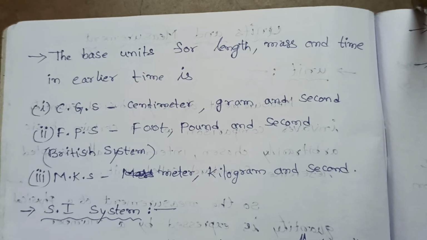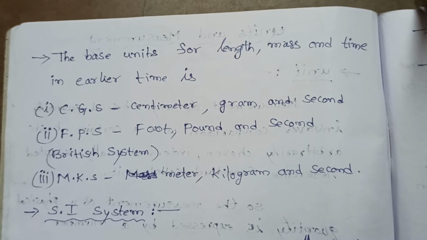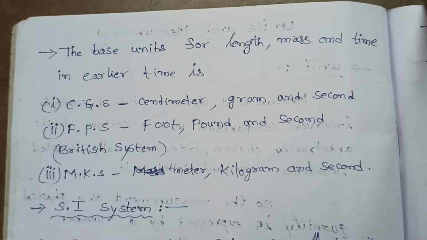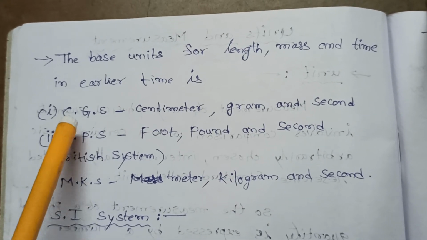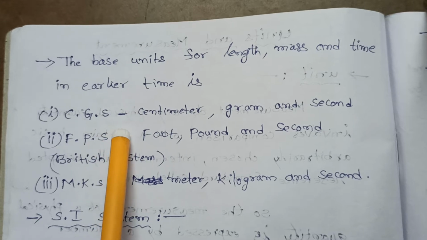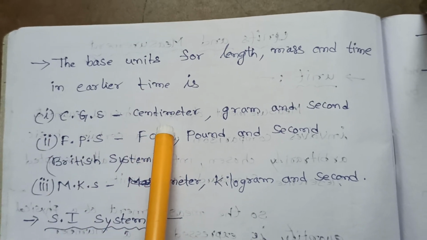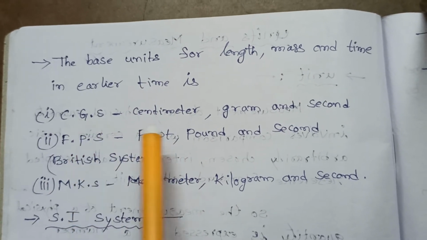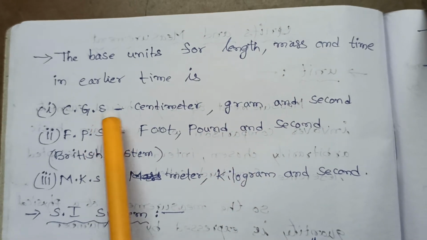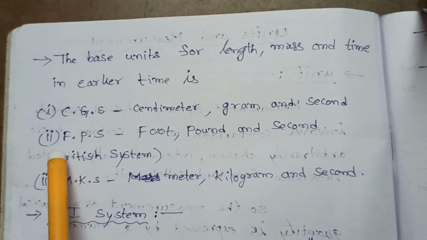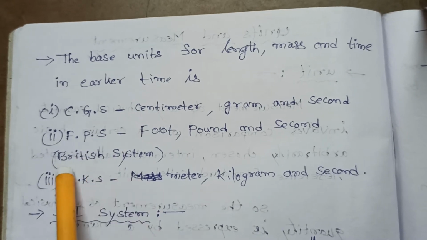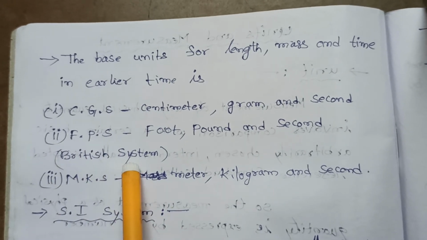The base units for length, mass and time. In the earlier time, in the beginning, we used CGS. C means centimeter, G means gram, S means second. Next is FPS, which we call the British system.